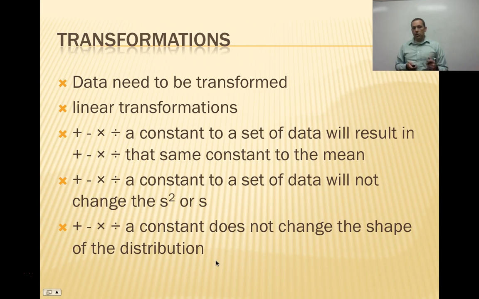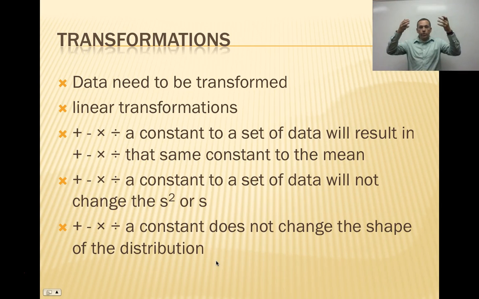This third point means that it doesn't change the shape of the distribution. So if you have a leptokurtic, unimodal, negatively skewed distribution, you will end up with that same distribution after we conduct a linear transformation. All it does is shift the mean one way or the other.